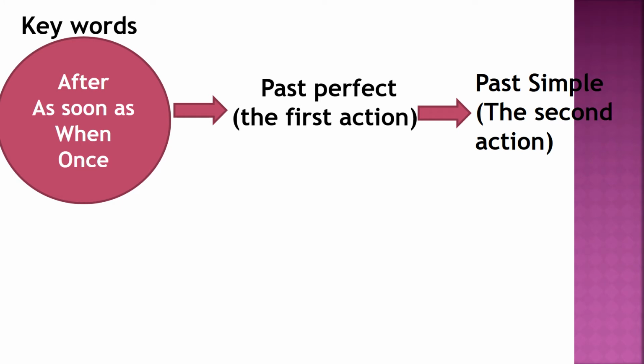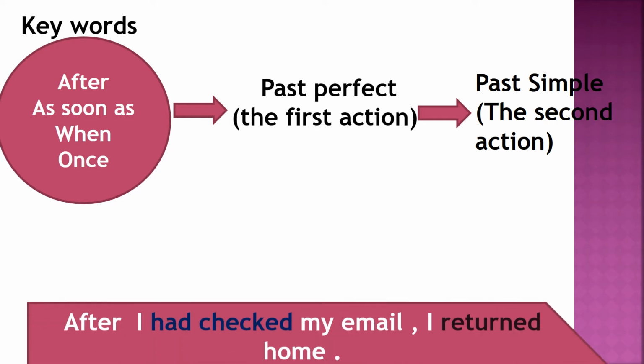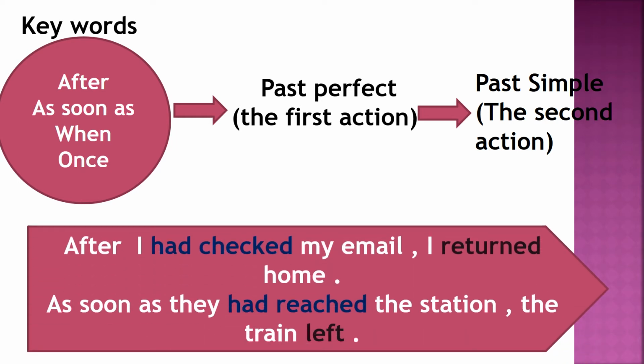And then we use the past simple with the second action. For example, after I had checked my email, I returned home. Here we used the past perfect after as soon as. And then I used returned, left comes the past simple.